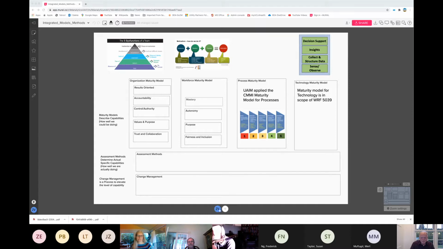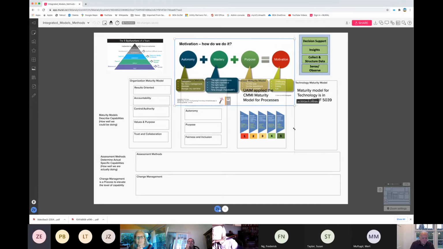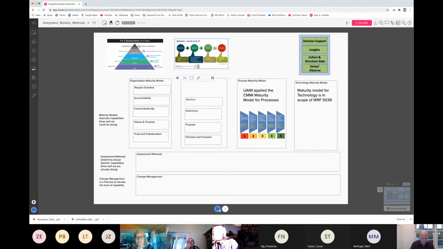And this diagram explains the background for the organizational and workforce maturity model, where these categories come from. So where does autonomy, mastery, and purpose come in? It comes from this model from Daniel Pink for motivation. So it's related to engagement.